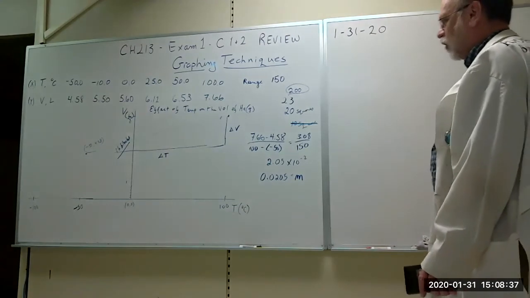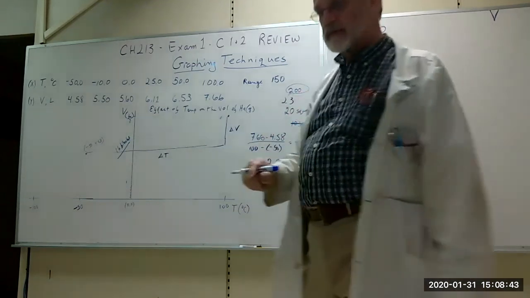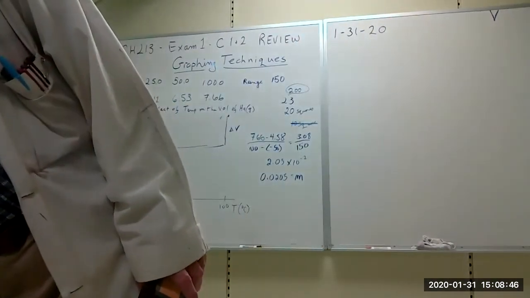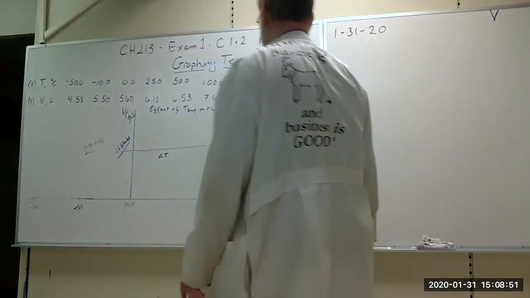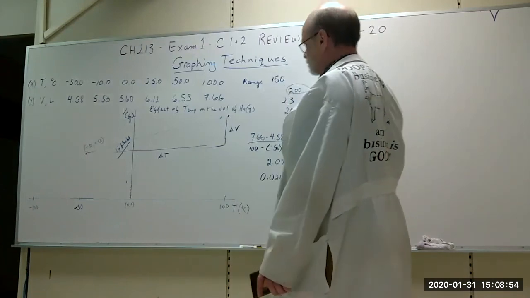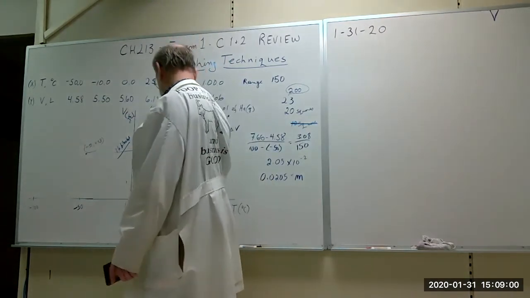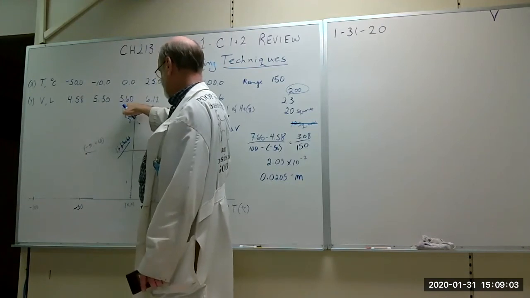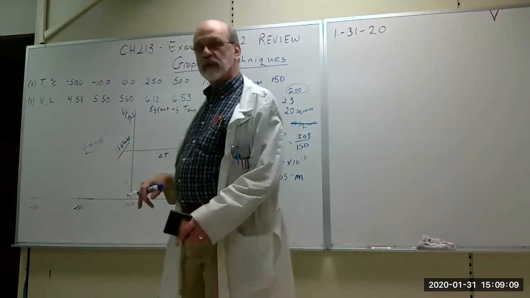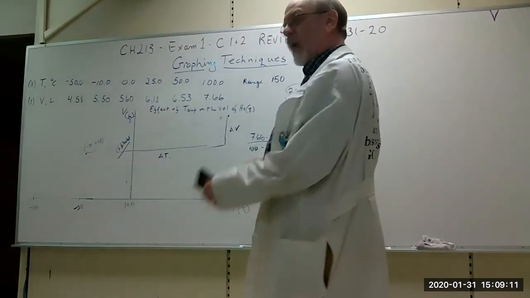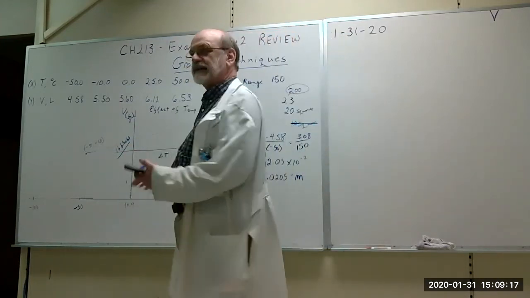Okay. What is the y-intercept? Well, do we have a value for zero temperature? Yeah. Now, strictly speaking, that may not be exactly on the line, but we're keeping it simple, right? So the y-intercept is where the line crosses the y-axis at x equals 0.